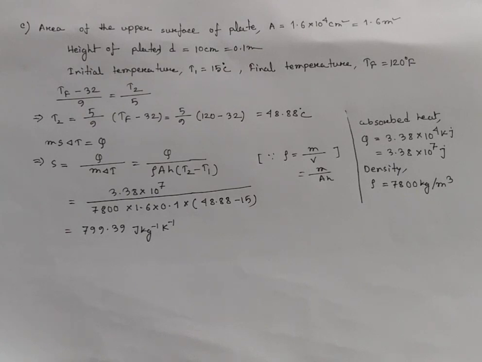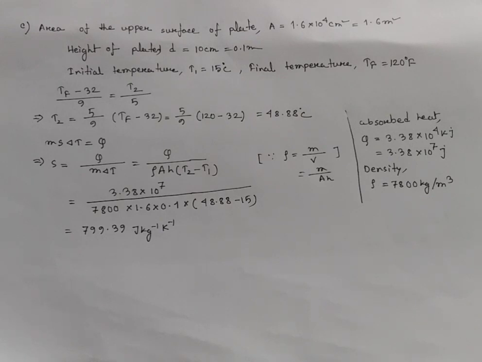As we know, the relation between mass and density is rho equals m by V, and from here V equals area multiplied by height.